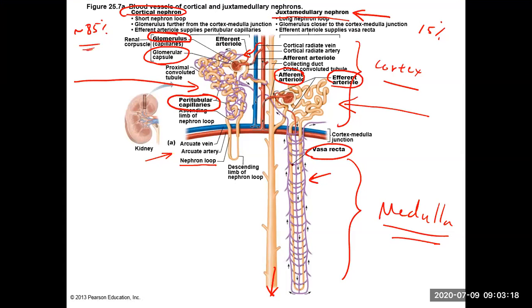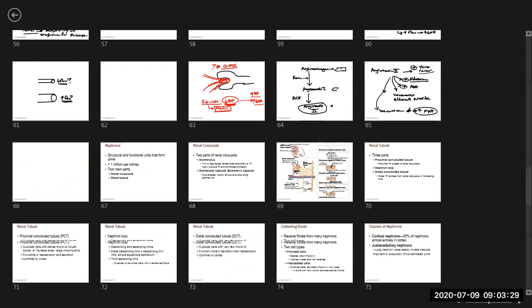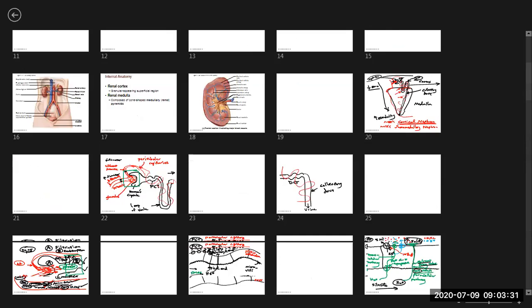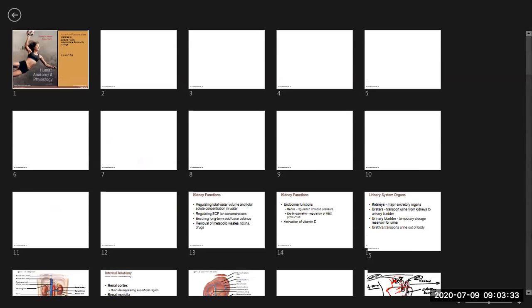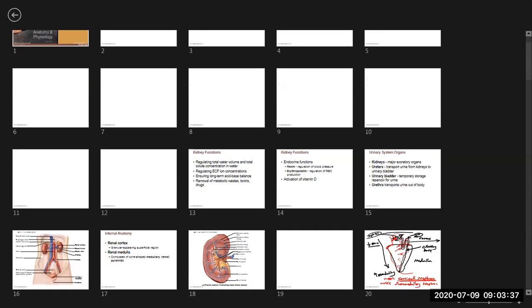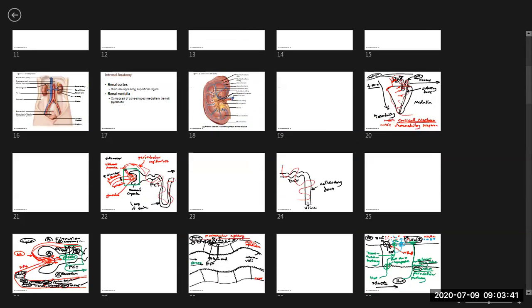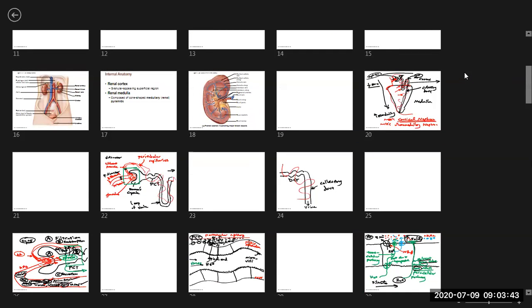So what we're going to be doing, we're going to dive inside of a nephron and see what is happening. If we understand what happens in one nephron, maybe we'll have a better picture of what's going on. Let me give you an idea about the nephron and the different parts of it, and then we'll break it down.